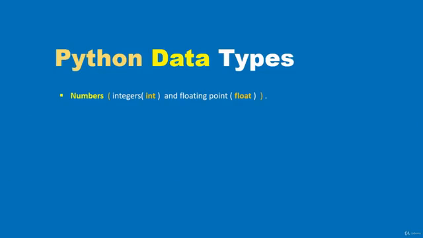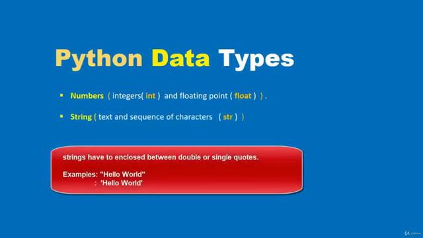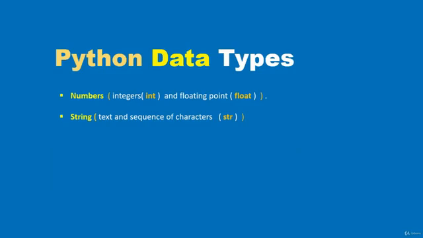We also have the string data type, which basically is a text or a sequence of characters. It's also referred to as str. And then we have the Boolean data type, which is a true or false value, also known as bool.